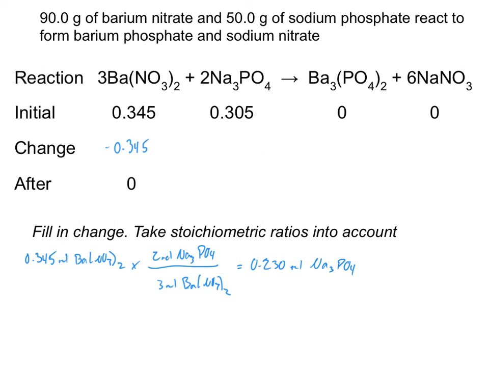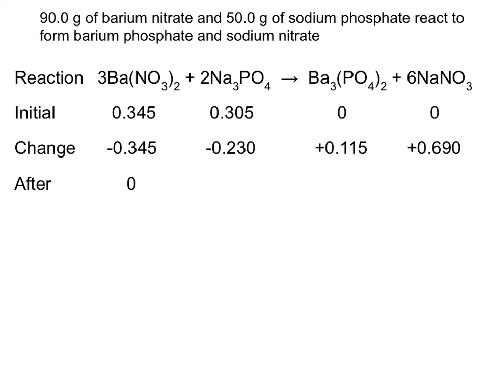And then likewise, we're going to do the same using our molar ratios of barium phosphate to barium nitrate and sodium nitrate to barium nitrate. When we do that, we have changes of 0.115 added for barium phosphate and 0.690 added of sodium nitrate. If you did not find those numbers, go back and check your calculations.